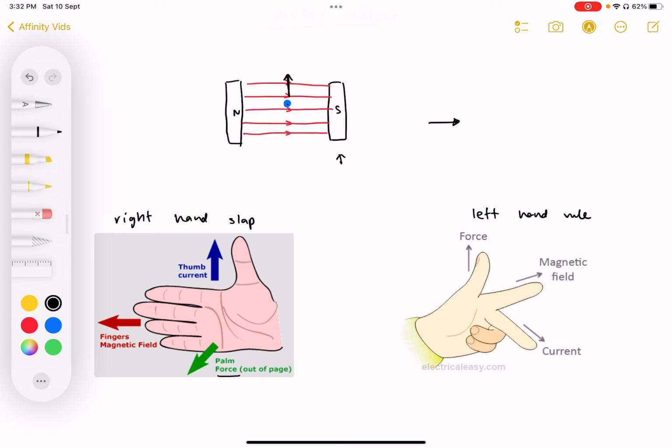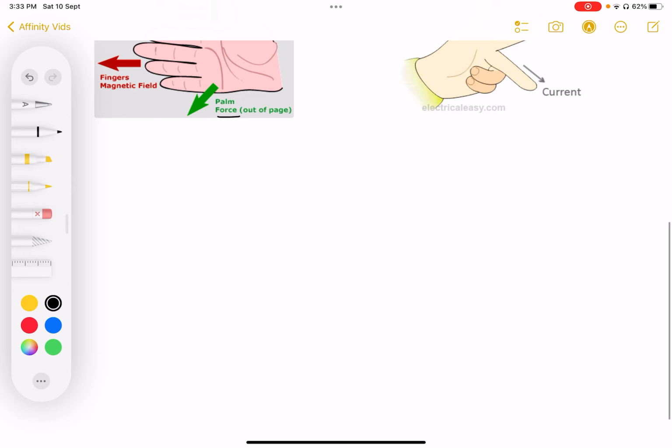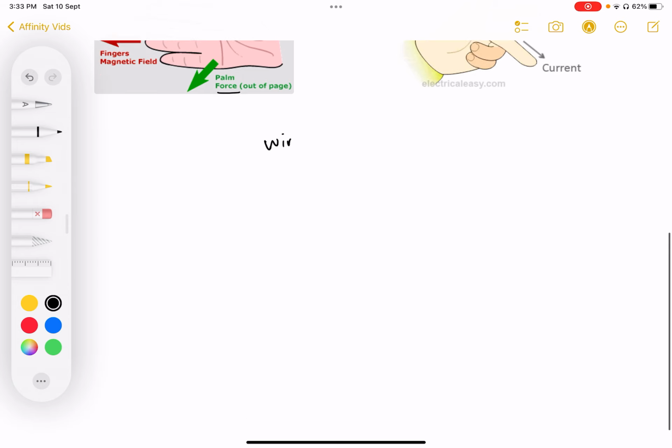We've been talking about a single current, a wire, that's perpendicular to the magnetic field. But let's think about the whole wire for context. So, a wire in a magnetic field.